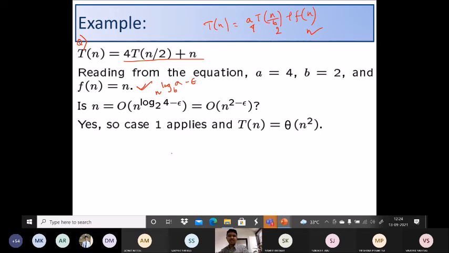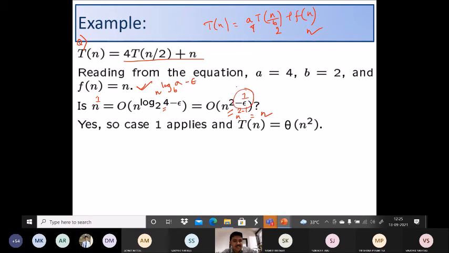Check order of n to the power log 4 base 2 minus epsilon. So what will happen? It is n squared minus epsilon. On the left hand side, what is there? n to the power 1. And on the right hand side, n squared. So can you put epsilon equal to 1? Then it becomes n to the 2 minus 1, that is n.